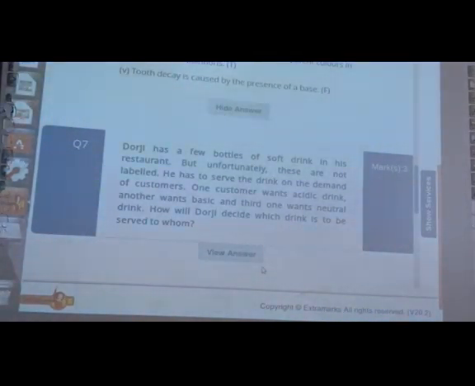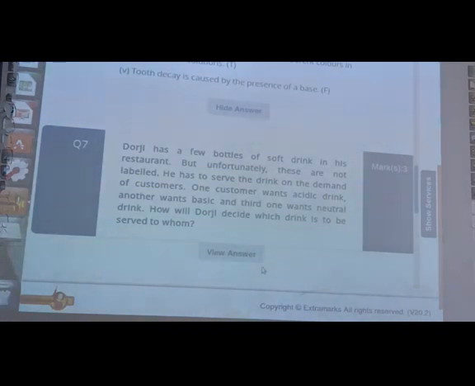The question is: Dorji has a few bottles of soft drink in his restaurant, but unfortunately these are not labeled. He has to serve the drink on the demand of customers. One customer wants acidic drink, another wants basic, and third one wants neutral drink.